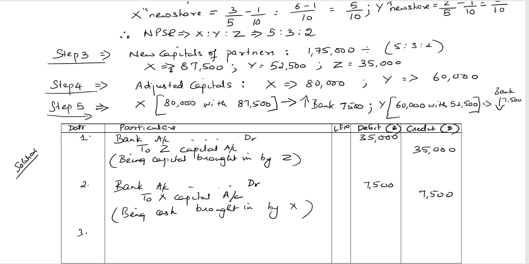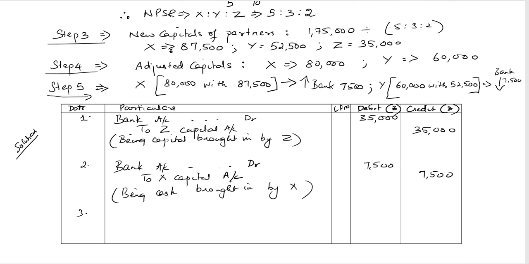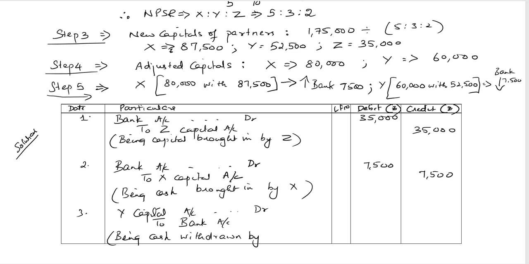And the final entry is for Y withdrawing cash, Y capital account debit to bank account, being cash withdrawn by partner Y. Amount of cash withdrawn 7,500 rupees. So these are the three journal entries that need to be passed in this first example.